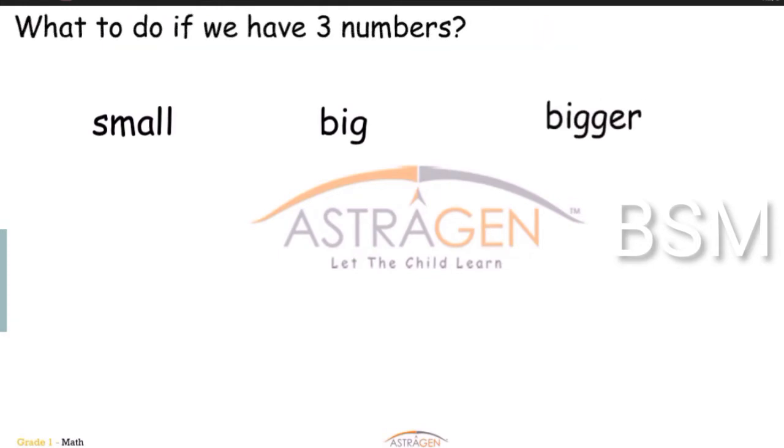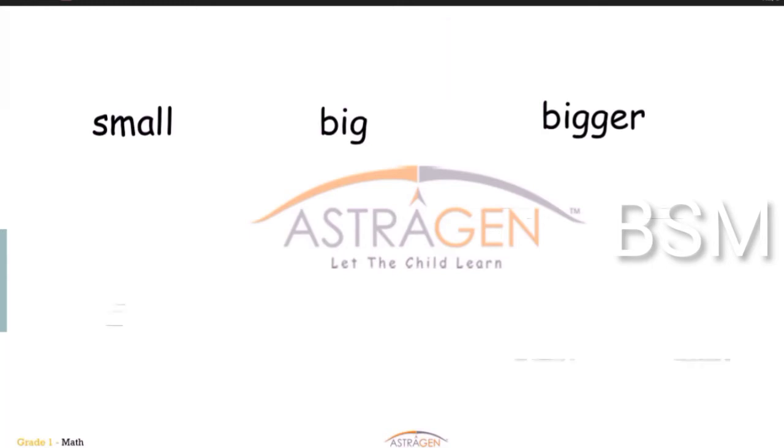What do we use? Bigger. Because bigger means it is bigger than the big. Okay. So if I had 3 apples, then 6 apples, and I also had a basket which had 9 apples. Now 3 is small, 6 is big, and 9 is bigger.